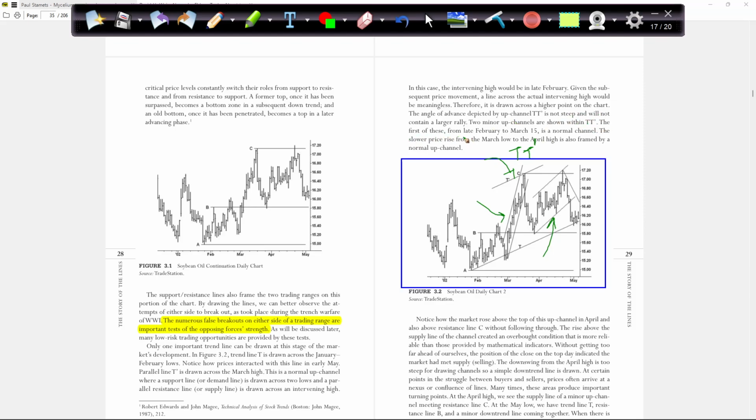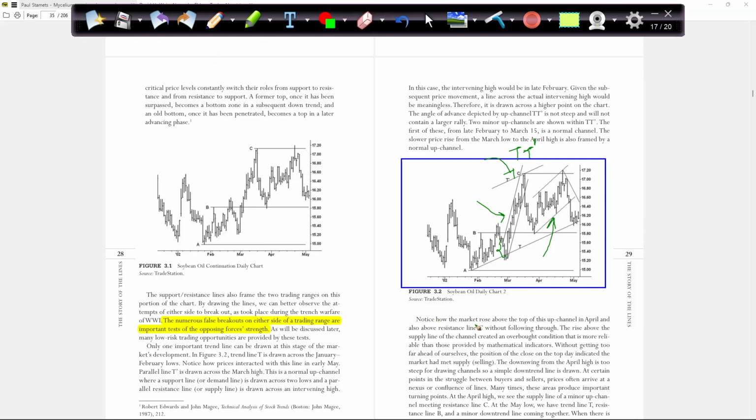The first of these, from late February to March, is a normal channel. The slower price rise from the March low to the April high is also framed by a normal up channel.